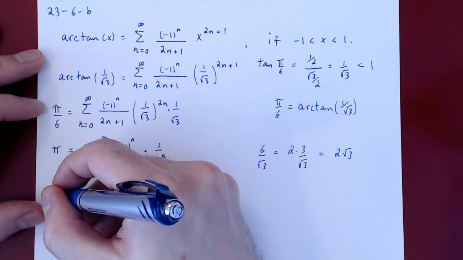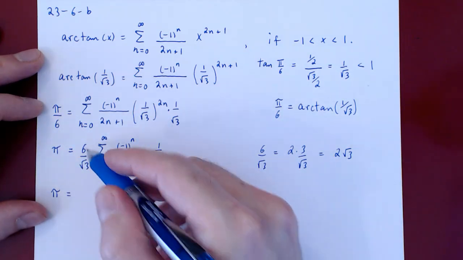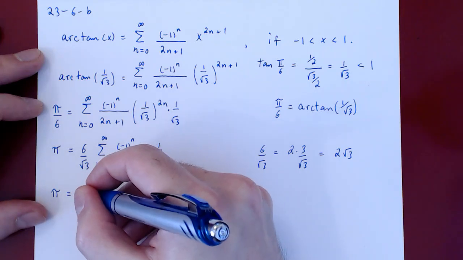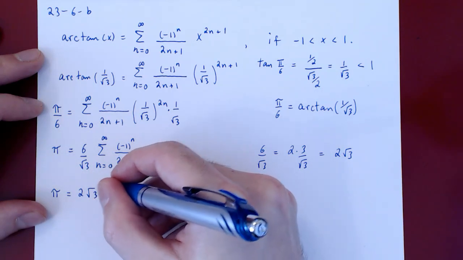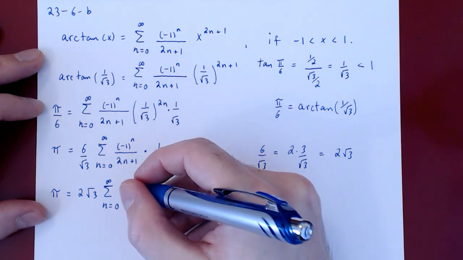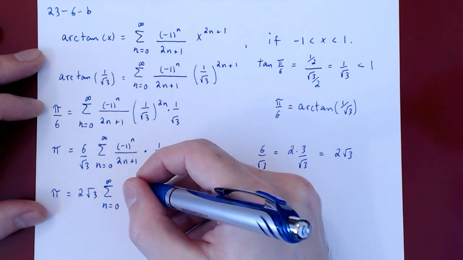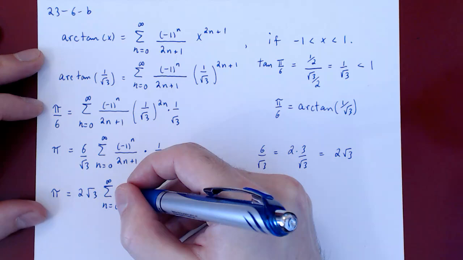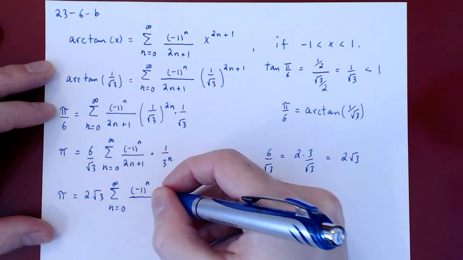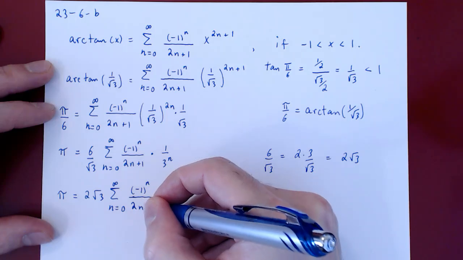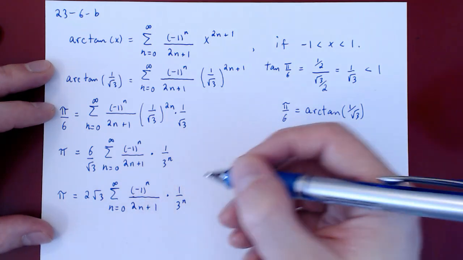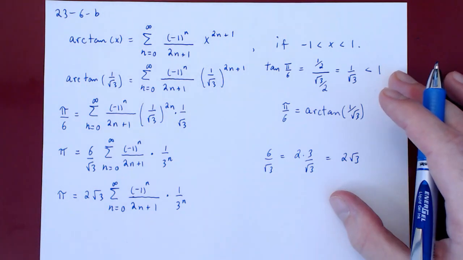So in the end, we have that pi equals the simplified multiple of 2 √3 times this infinite alternating series. Mission accomplished.